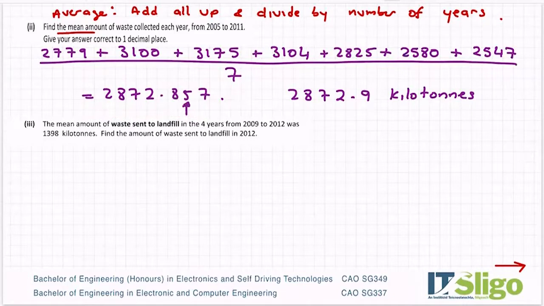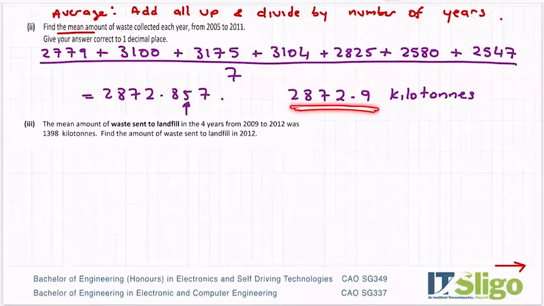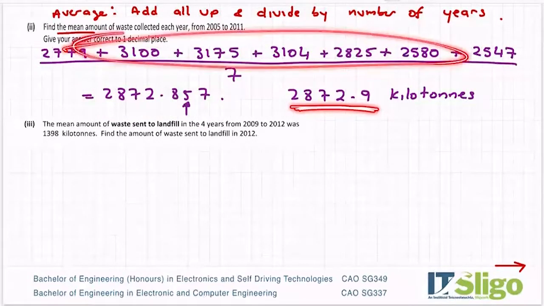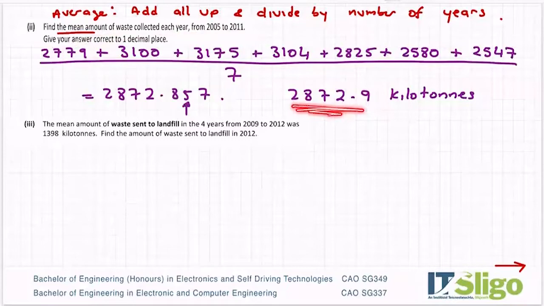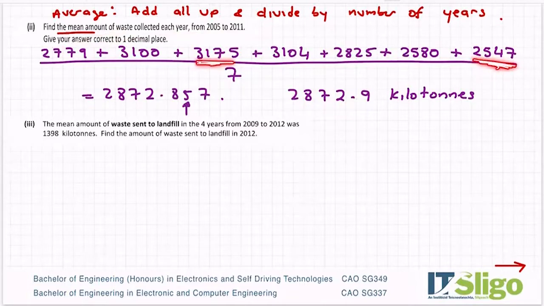Second point I want to make is have a look at your average. An average is like as if you mixed everything up together and looked at the value in the middle. Your average value has to fall between the smallest and the largest value. So 28, somewhere between 25 and 31, feels right.